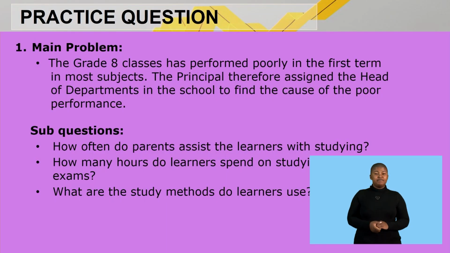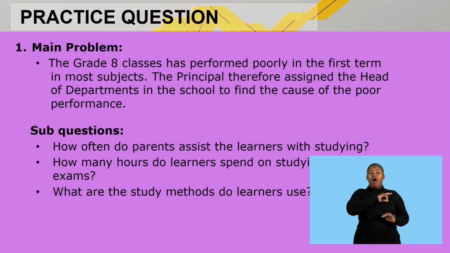Right, so the first question that we have here: the main problem is that the grade 8 classes performed poorly in the first term in most subjects. The principal therefore assigned the heads of departments in the school to find the cause of the poor performance in grade 8 classes.